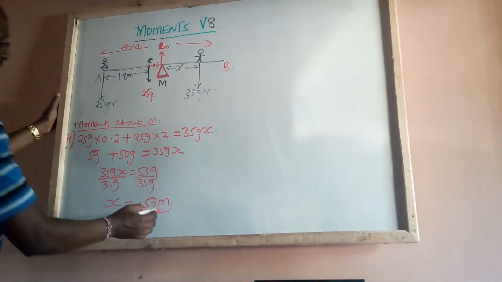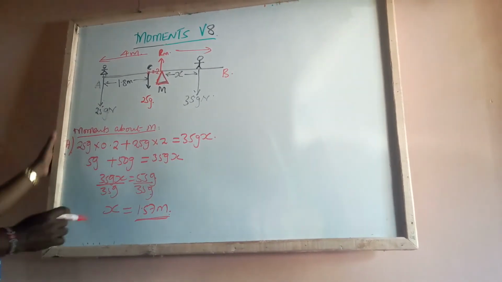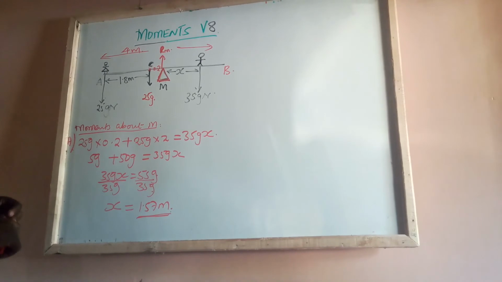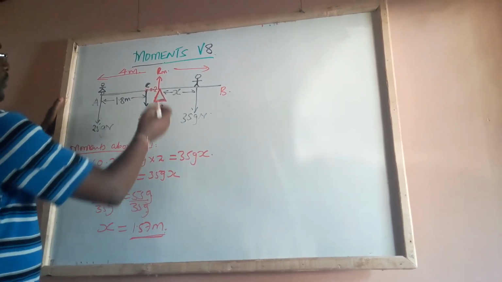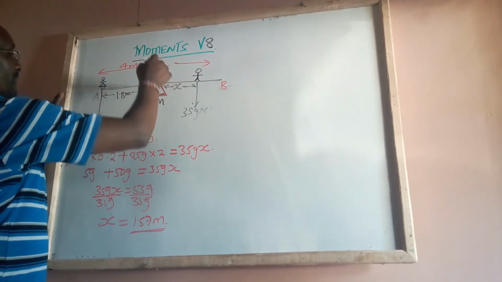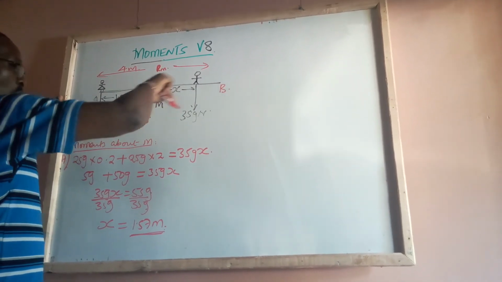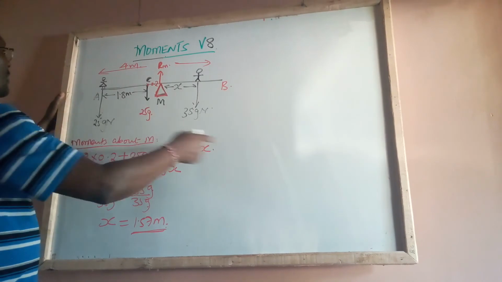Now, with x being 1.57 meters, you can give this answer in different ways. You can say that Sam sits 1.57 meters from the point of rotation on the right, on the opposite side of Tasneem.